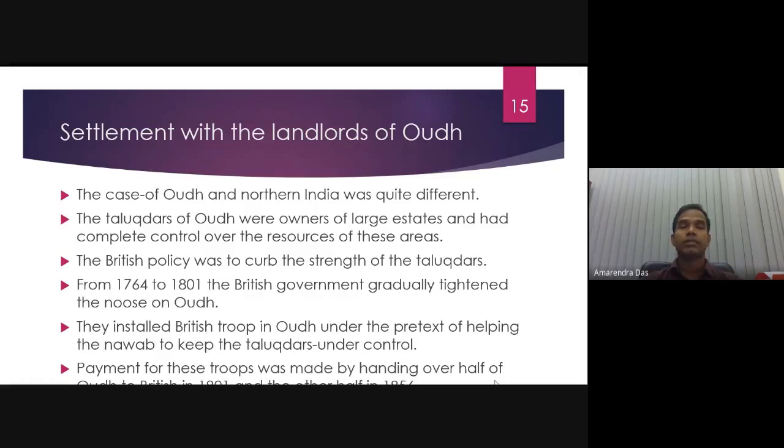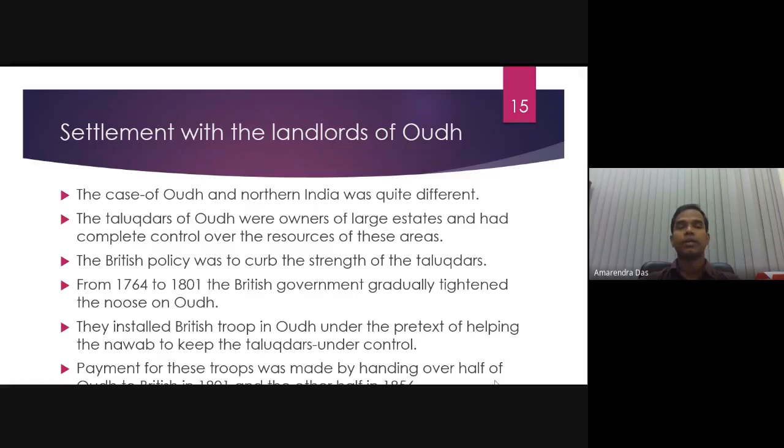The case of Oudh and the northern end was quite different, and the talukdars of Oudh were owners of large estates and had complete control over the resources of these areas. And the British policy was to curb the strength of the talukdars.